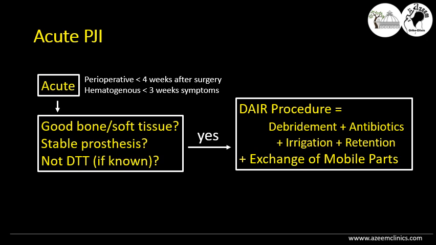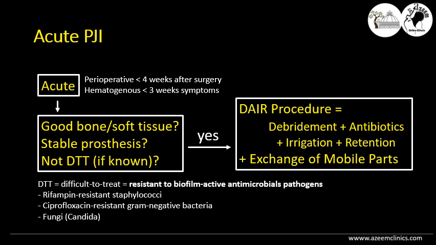If you have a 3-yes, that means that you have a good bone and soft tissue, a stable prosthesis, and not a difficult to treat pathogen. That means that your pathogen is not resistant to the antimicrobials or antibiotics that are capable of penetrating the biofilm.